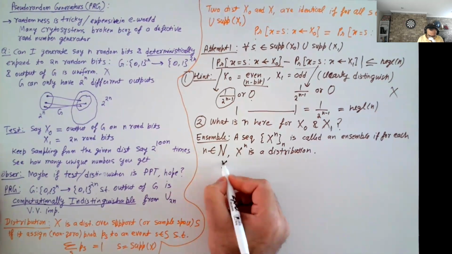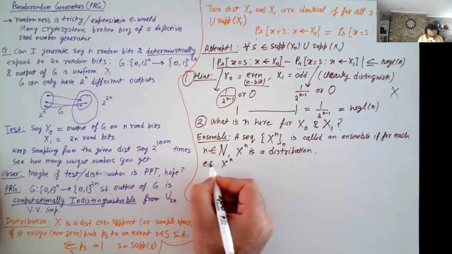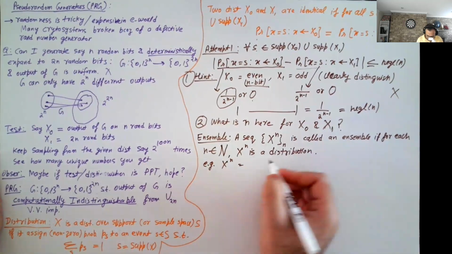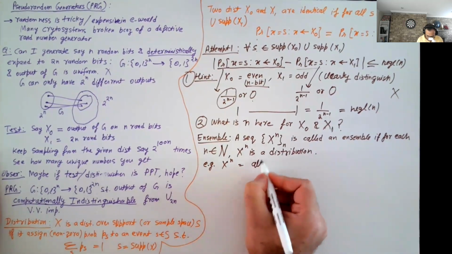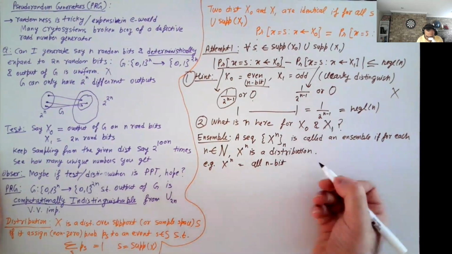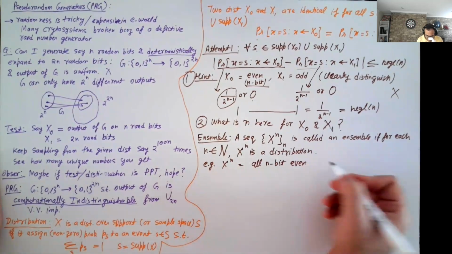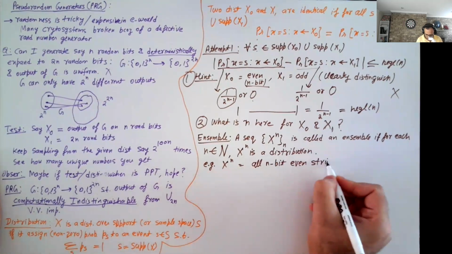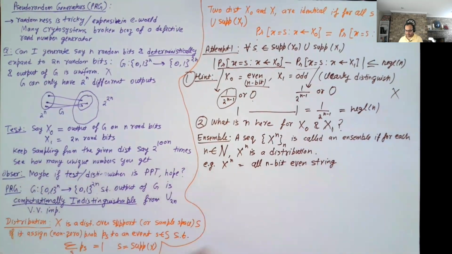As an example, all even n-bit strings, or all uniform n-bit strings and things like that. So it's nothing fancy. Now I have just introduced a parameter n, and I can talk about things being negligible in n.